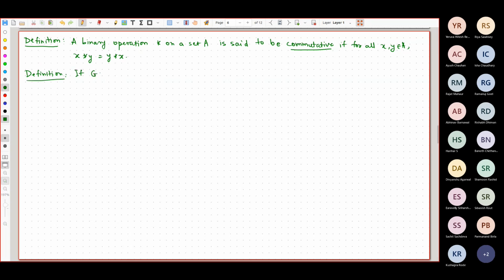Definition: if G is equal to A comma star is a group and the group operation star is commutative, then G is naturally called a commutative group, and it also has a different name.